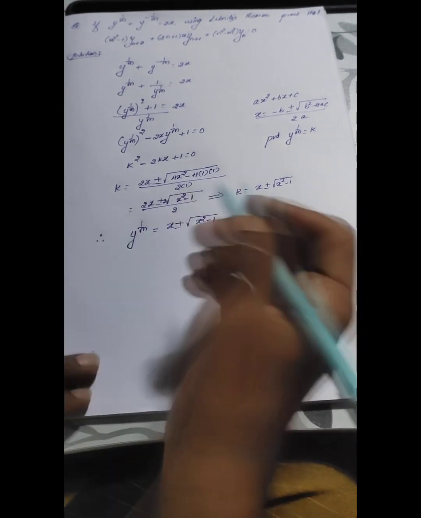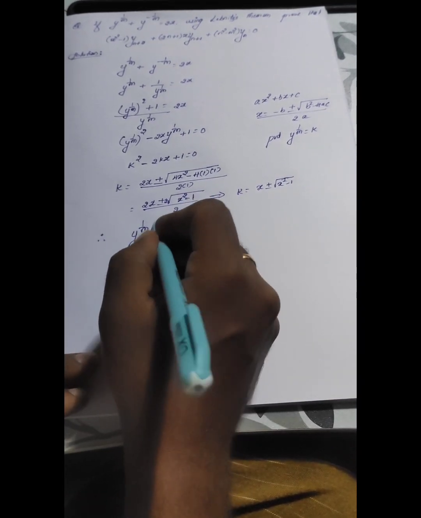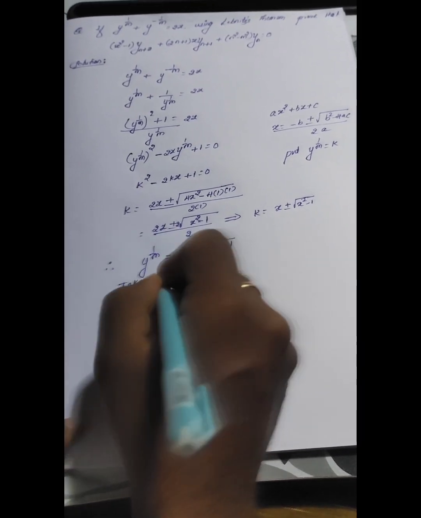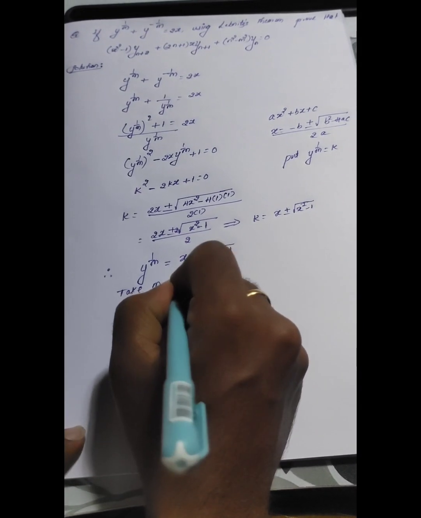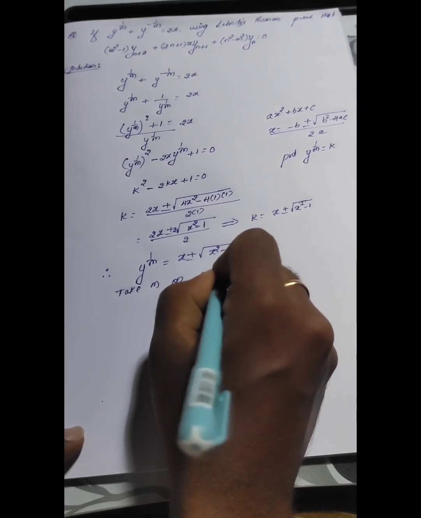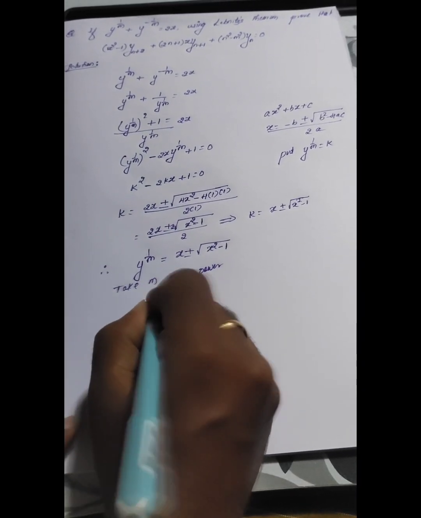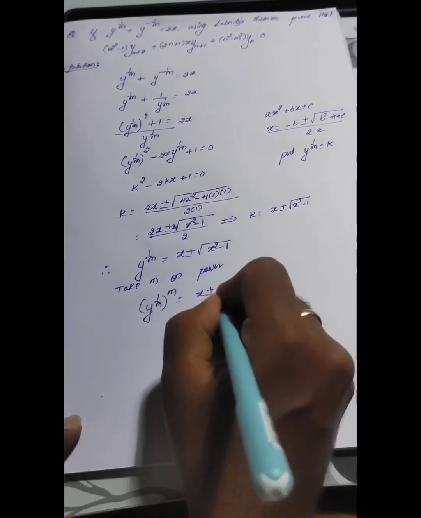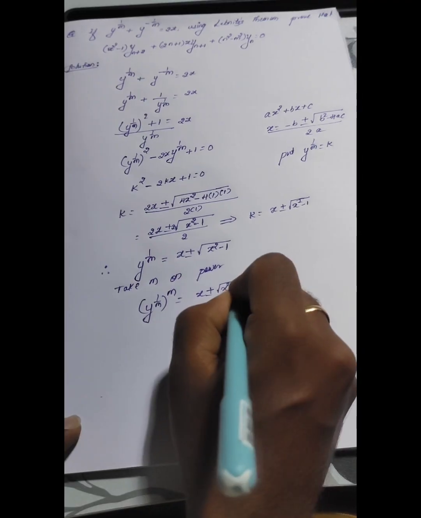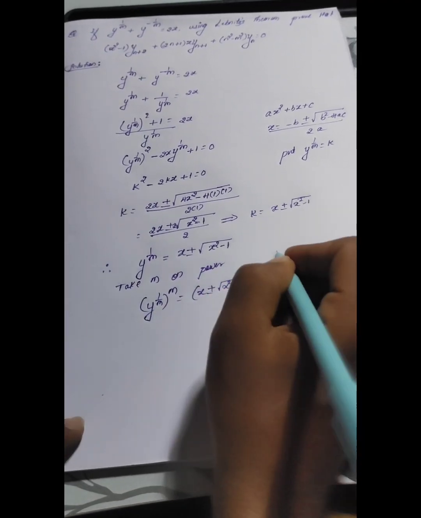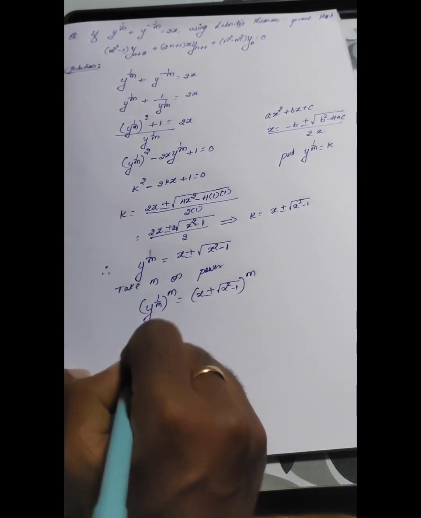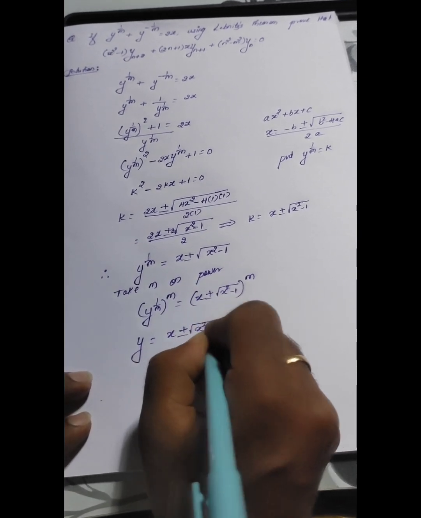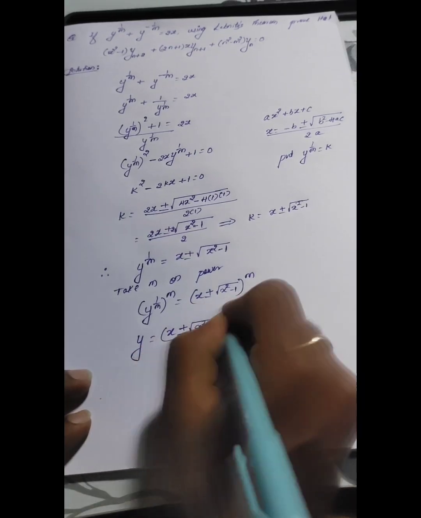So what I will do, I am going to take the power of m on both the sides. So what happens, y raised to 1 by m raised to m will be equal to x plus or minus root of x square minus 1 raised to m. So what happens here, m will get cancelled, so y will be equal to x plus or minus root of x square minus 1 raised to m.